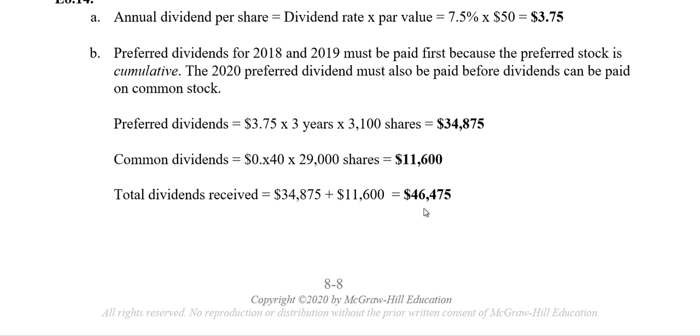And so what I want y'all to understand is, why would someone want to buy preferred stock over common stock? And I want you to think about why a company would issue preferred dividends instead of just common dividends.